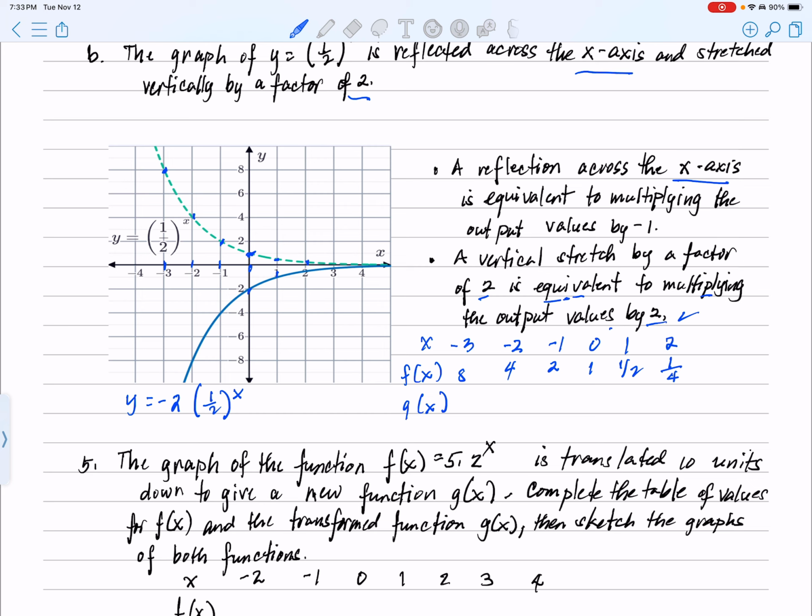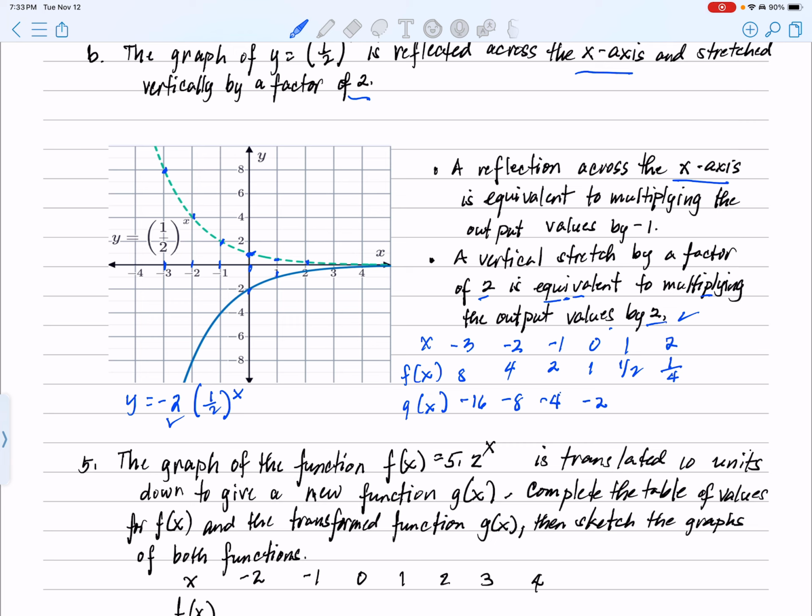So 8 multiplied by -2 right here, that's -16. 4 multiplied by -2, that's -8. 2 times -2, -4. 1 times -2, it's -2. 1/2 times -2, that's -1.